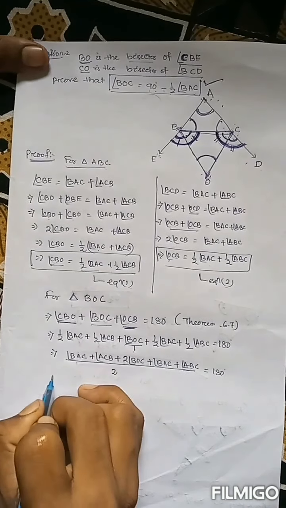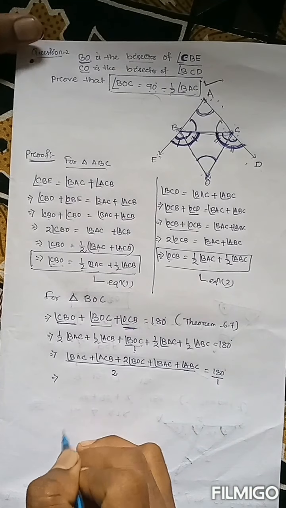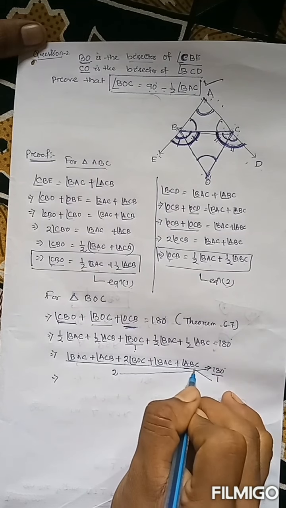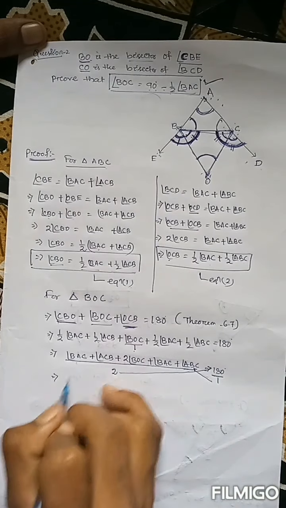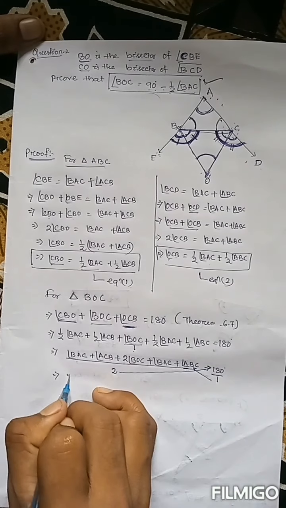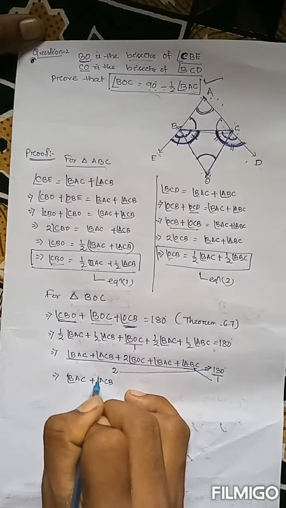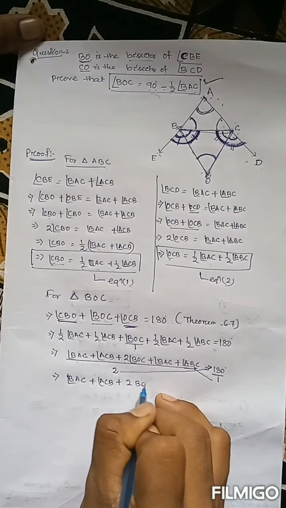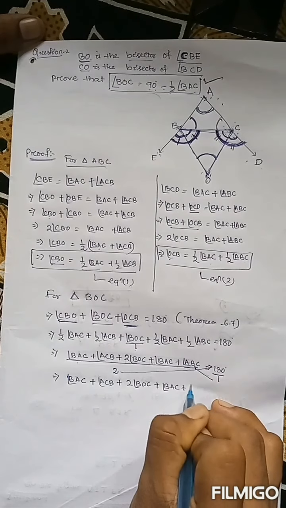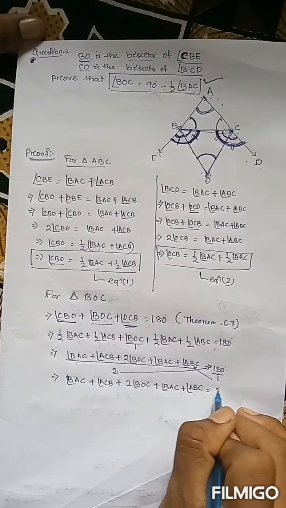Now 180 degrees we can write as 180 degrees by 1. Now whenever we cross multiply, 2 is multiplied with 180 degrees and 1 is multiplied with this term. Yes or no? Yes. Now 1 multiplied with this term gives the same result. So you get BSC plus SCB plus 2 times BOC plus BSC plus ABC is equal to 180 degrees into 2, that is 360 degrees.